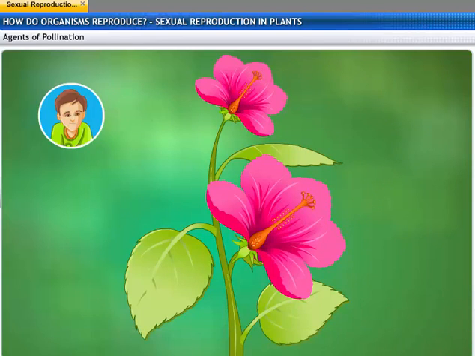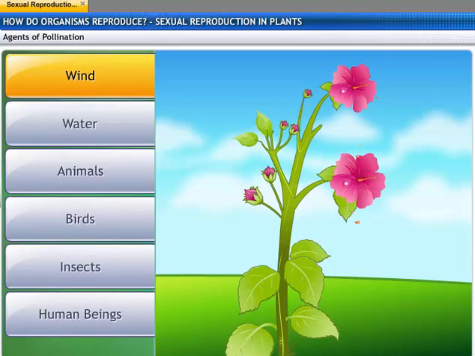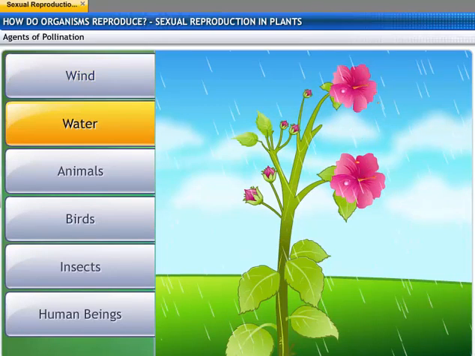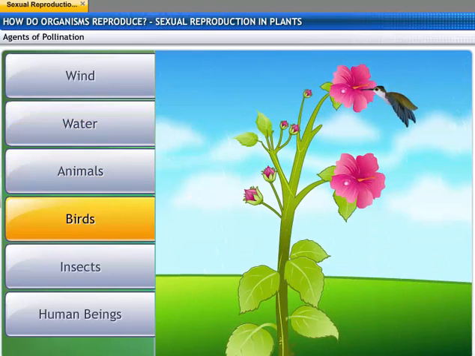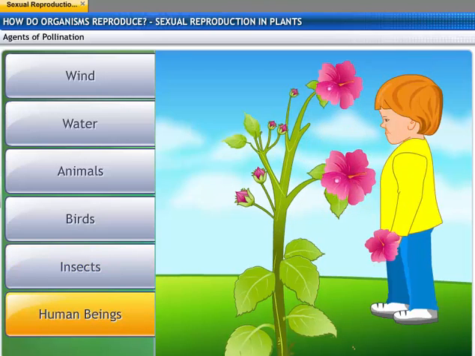So how exactly does pollen reach the female reproductive part of another flower? Through agents like wind, water, animals, birds, insects, and of course, human beings.